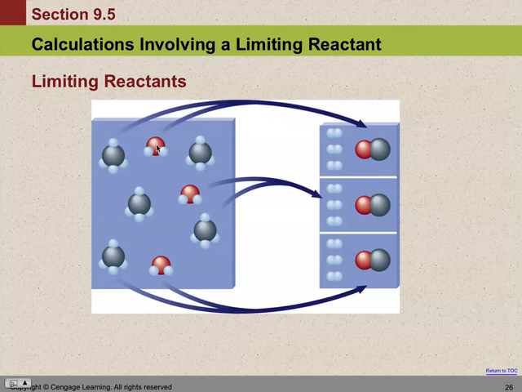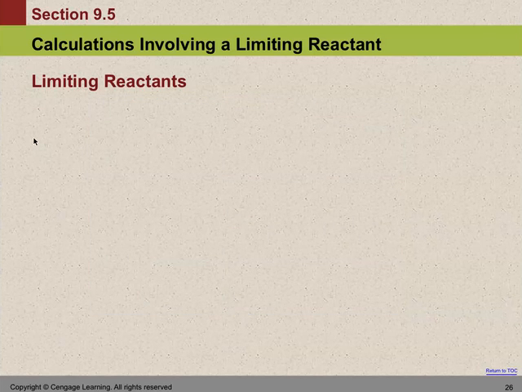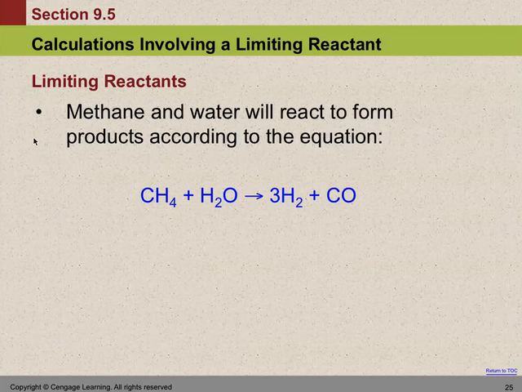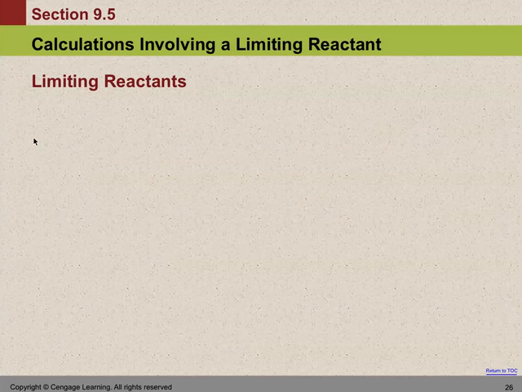The water molecules have the red oxygen and then the hydrogen atoms attached here and here. Now let's have a very quick look back to the balanced chemical equation. 1 molecule of methane reacts with 1 molecule of water to produce 3 molecules of hydrogen gas and 1 of carbon monoxide.